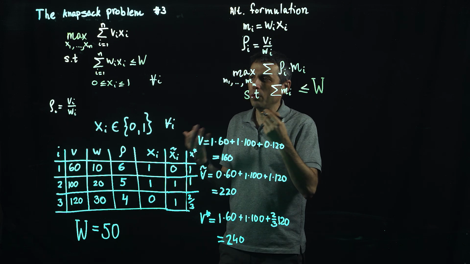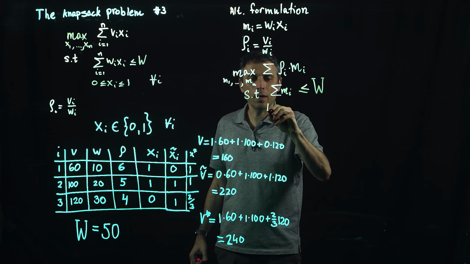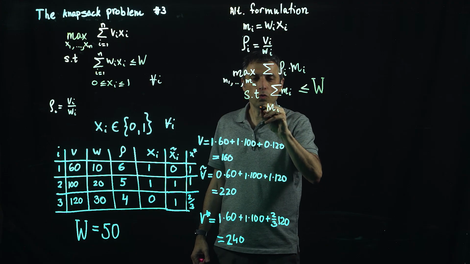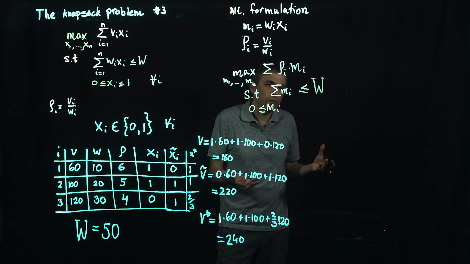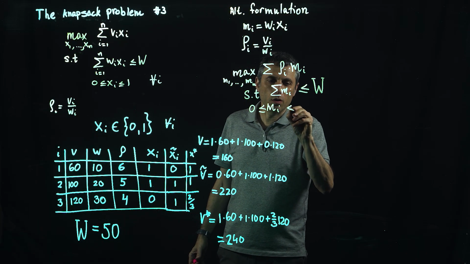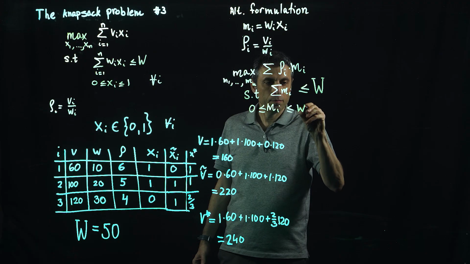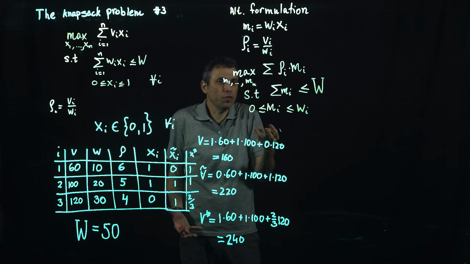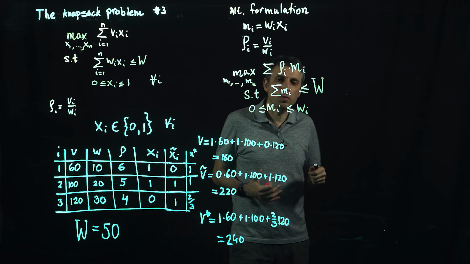But now, instead of restricting the xi, I'm going to restrict the mi. The lowest mi is 0, I'm not taking anything of that item, or at most it's going to be equal to the weight wi. So I'm asking how much of the weight am I going to take of item i. This is going to be mi.